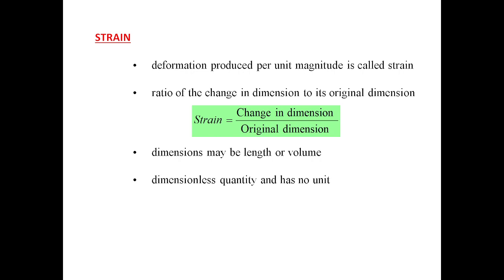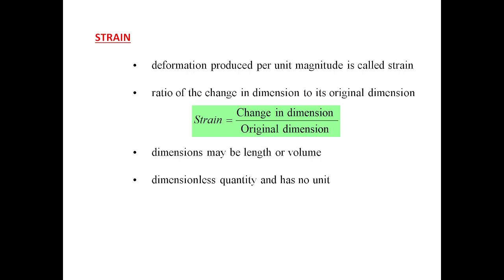Strain, as already explained, is the effect produced because of the cause, the stress. Here the deformation is produced per unit magnitude. Deformation because of the force applied, the deformation produced per unit magnitude, is said to be strain.